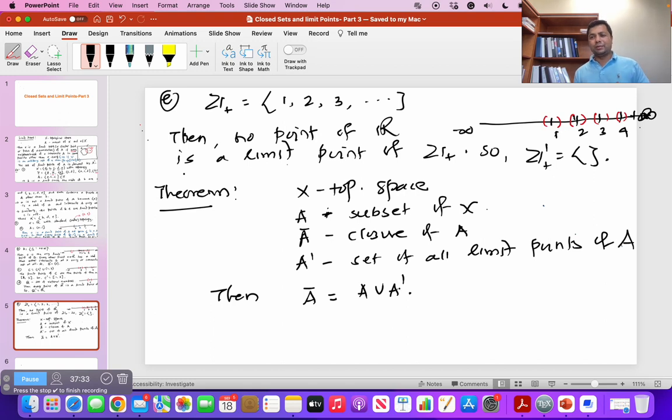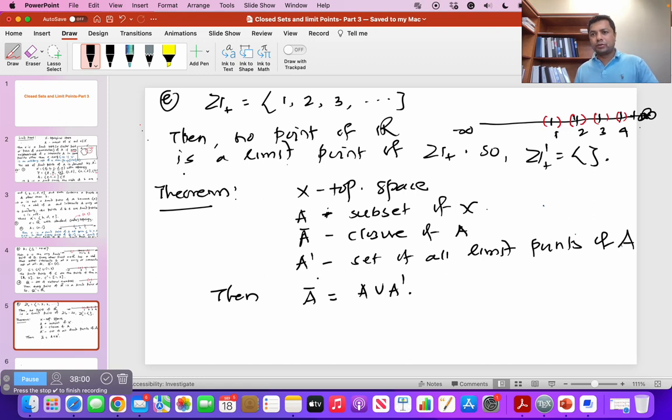Basically, if you take the union of a given set with the set of its limit points, that union is going to be the same as its closure. So this theorem gives us the relation between the given set, its closure, and the set of its limit points.